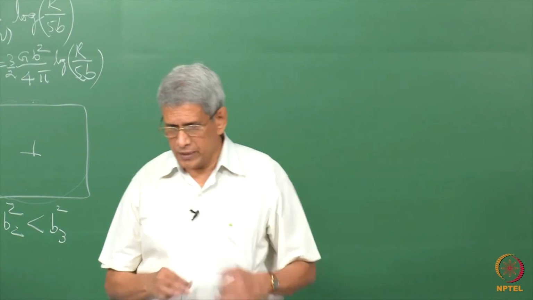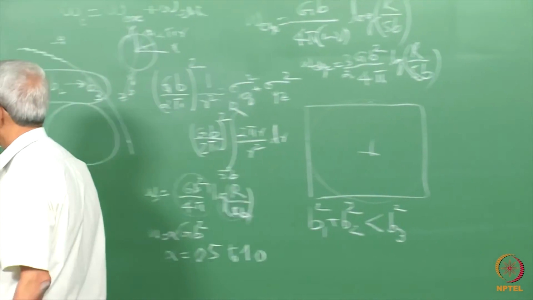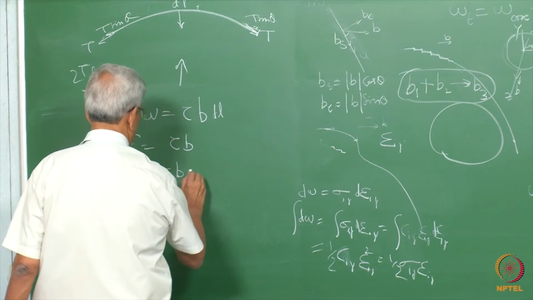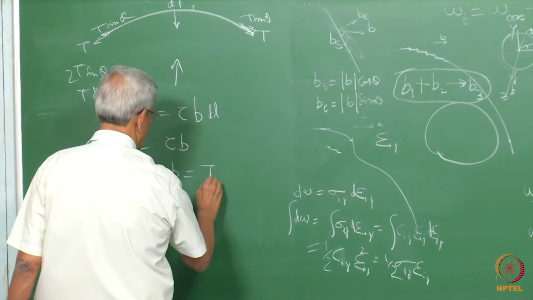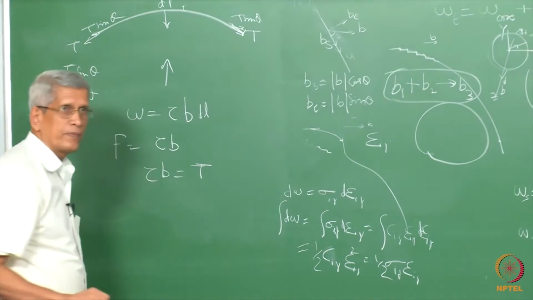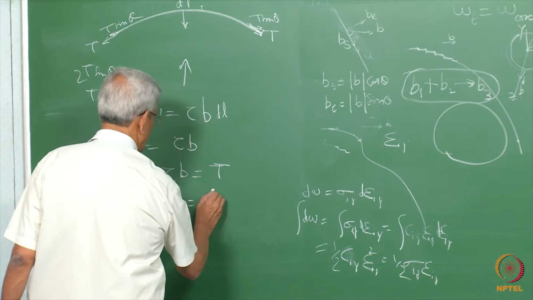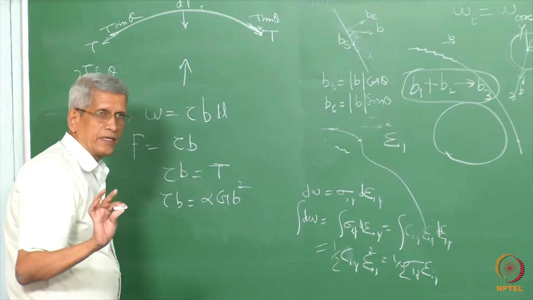Then we can equate this. When we equate all these terms, this will turn out to be T. What is T? Alpha into G b squared, we can write it.